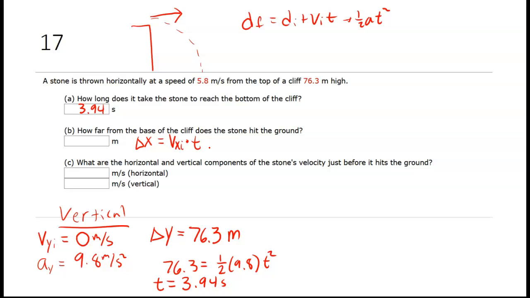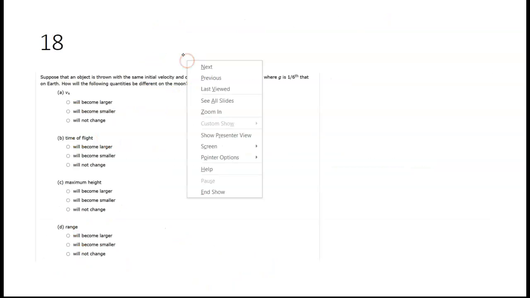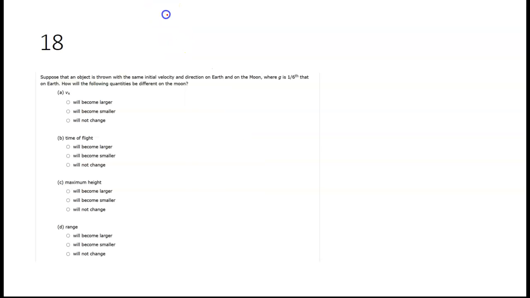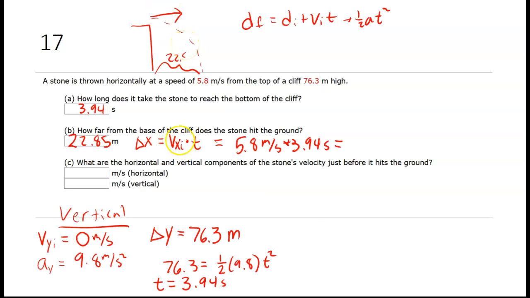So I take that 3.94 seconds, I multiply that by the 5.8 meters per second, and I would end up with 22.85 meters traveled horizontally before we get to the bottom.